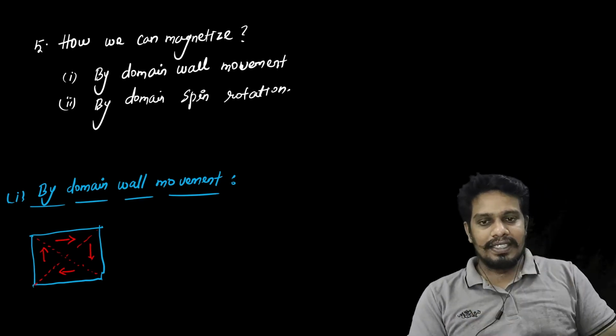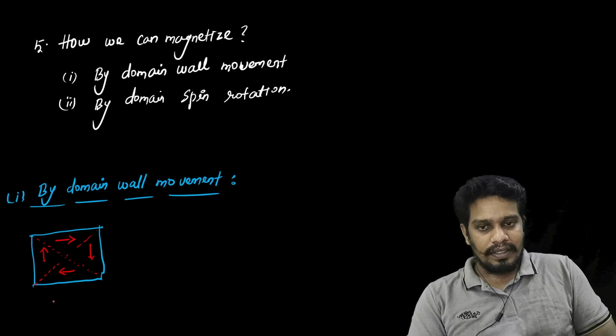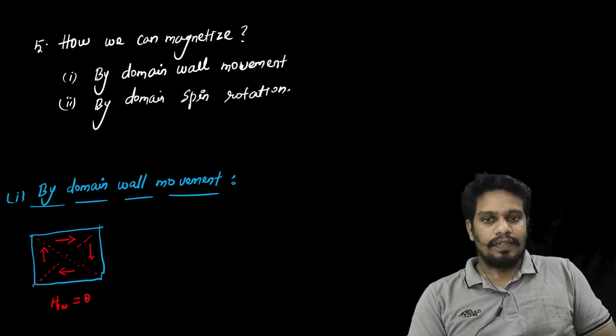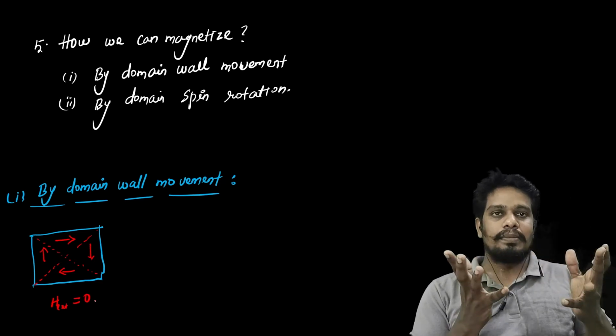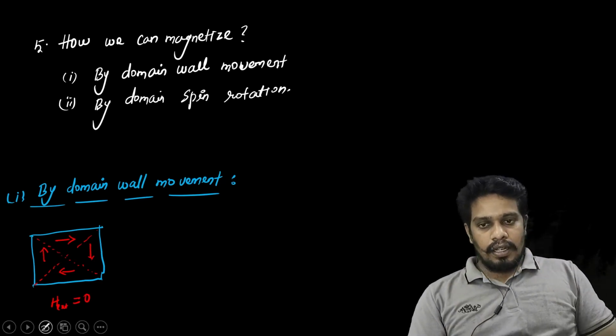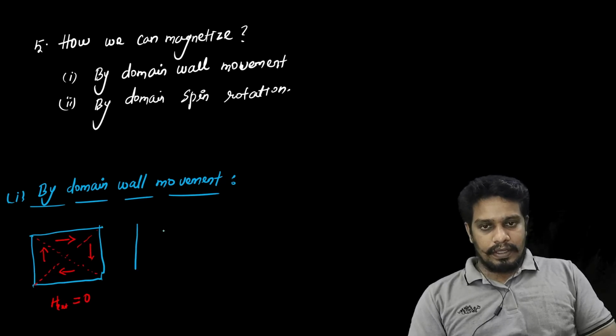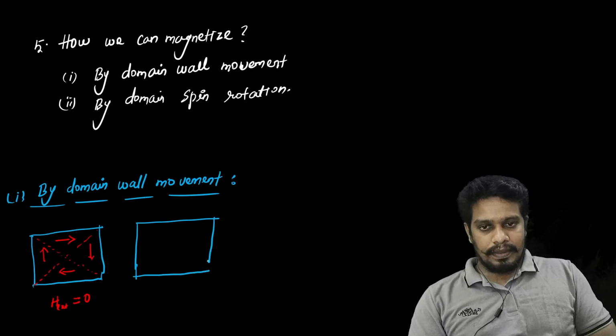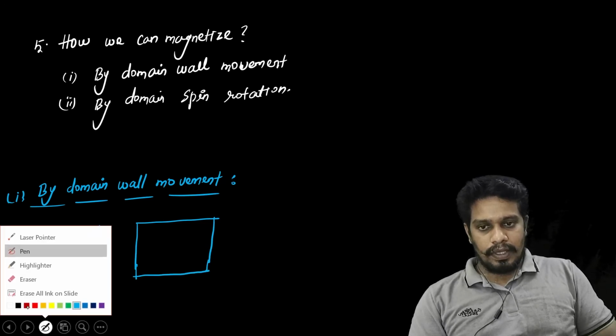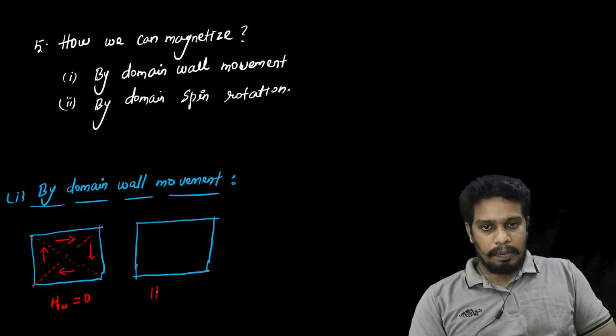In general, this is true when the external magnetic field is zero, that means there is no external magnetic field. Now I take the same domain, the same magnetic material, and apply an external magnetic field.